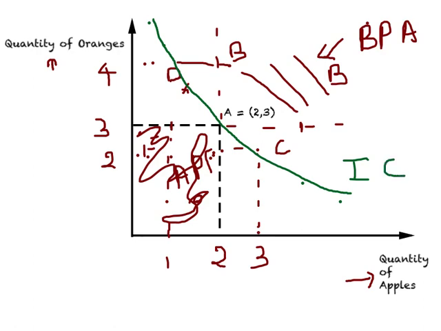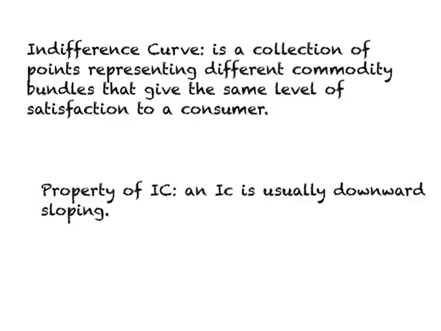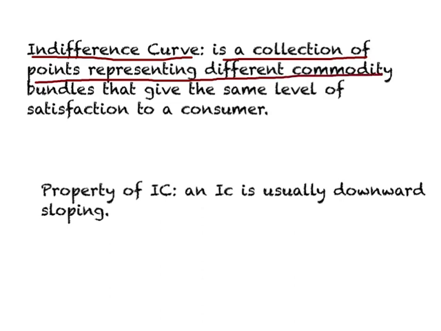So an indifference curve is simply a collection of points which give equal level of satisfaction to the consumer. Now we are in a position to define what we mean by indifference curve, and based on what we know, it is simply a collection of different points representing different commodity bundles that give the same level of satisfaction to the consumer.